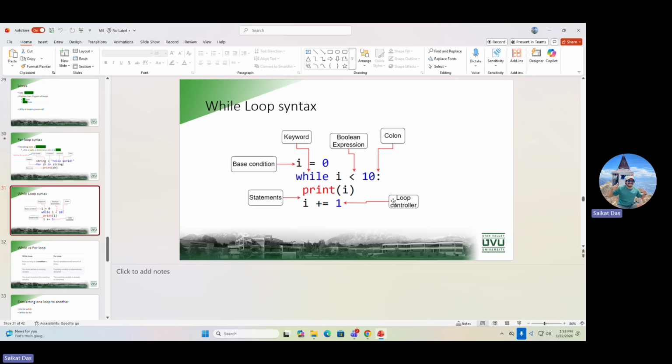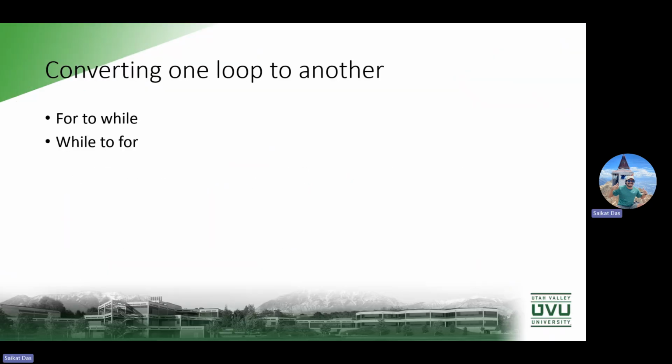How can you write a for loop here? For i in range 0 to just 10, print i. Okay, so we know how to convert each other from for to while to for.